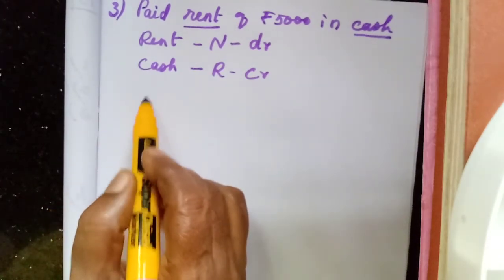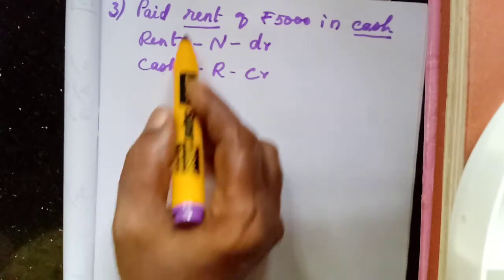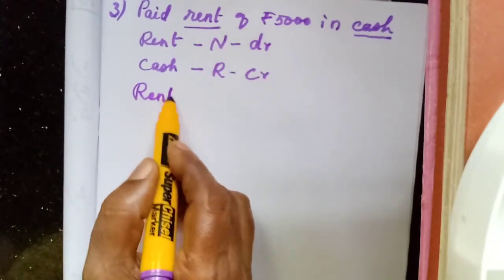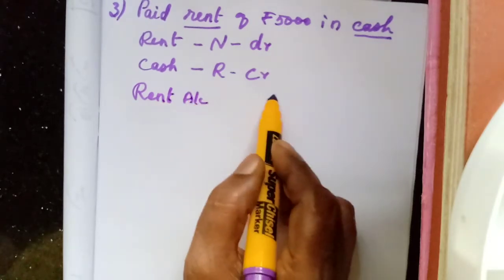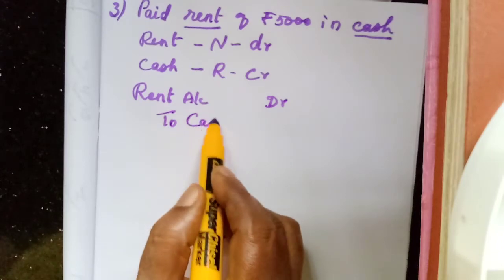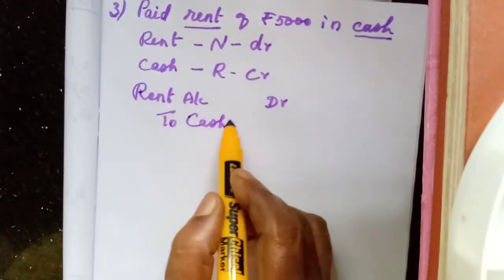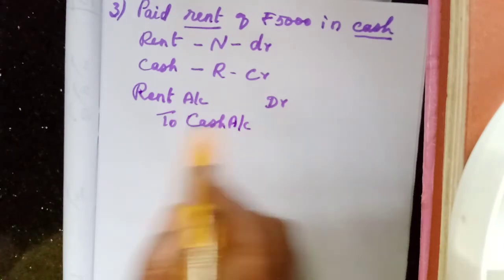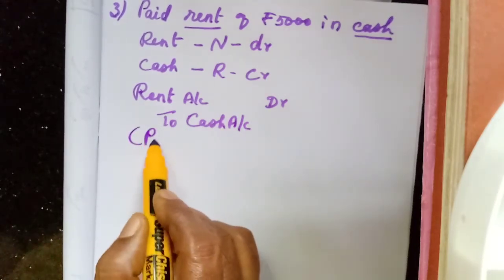Date, then particulars column. First debit: rent account debtor to cash account. You see the first letter should be in capital letter, then this A also must be in capital letter. Then paid rent.